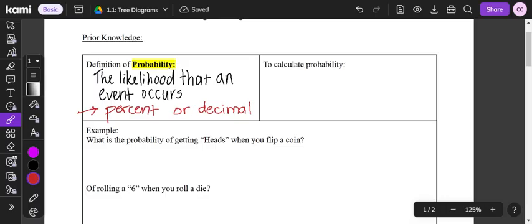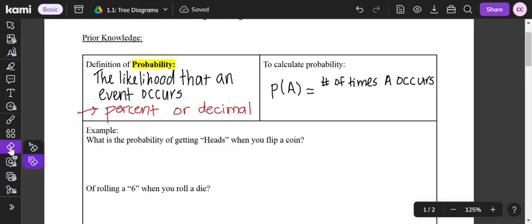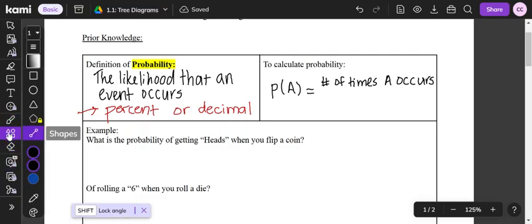Okay, now to calculate probability, we say that the probability of event A, so some random event happening, we'll call it event A, well, that's going to be equal to the number of times A occurs, and we're going to divide that by the total number of outcomes.